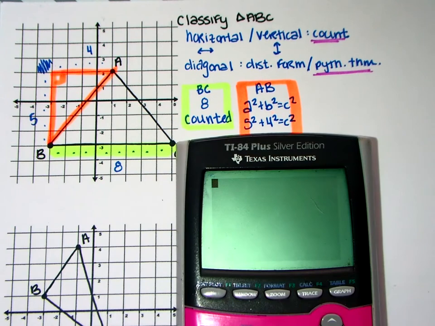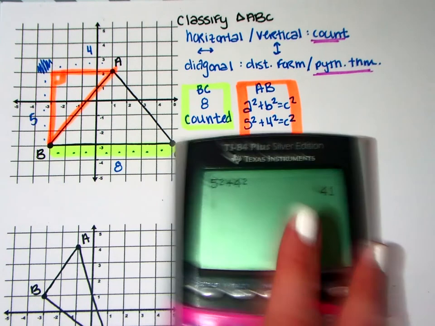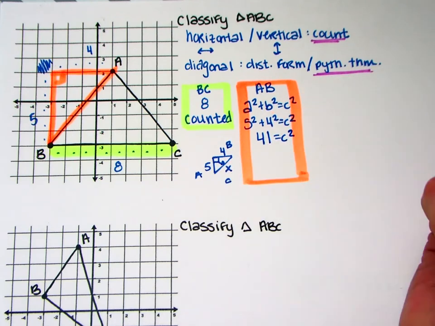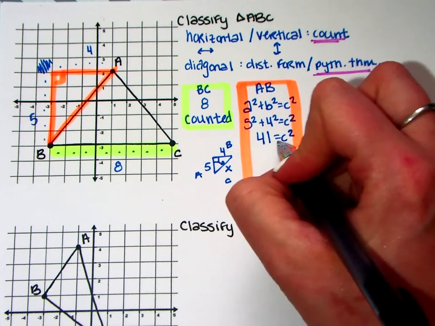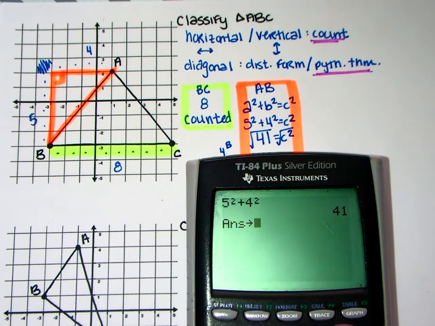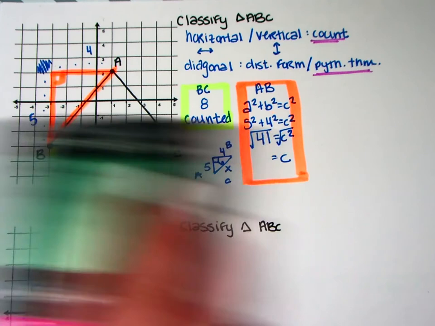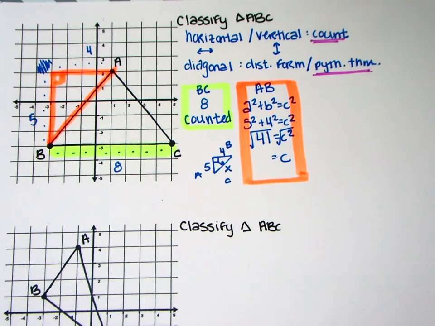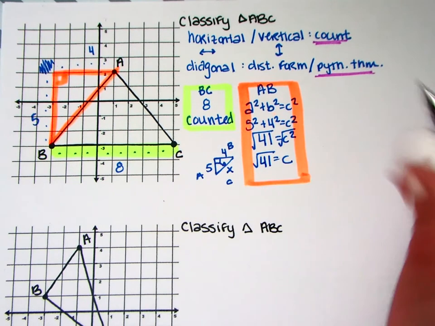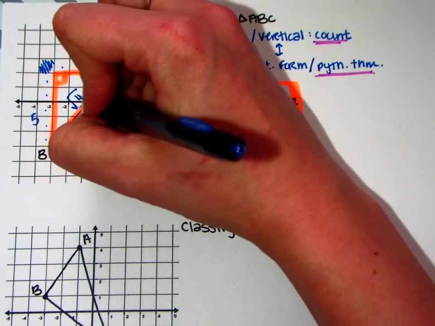So 5 squared plus 4 squared is 41. So I get 41 equals c squared. To undo the squared, we're going to square root. You always want to make sure that you test your answer. So the square root of 41 is a decimal. In order to keep our length exact, I'm just going to keep it under the square root of 41. So this length is the square root of 41.